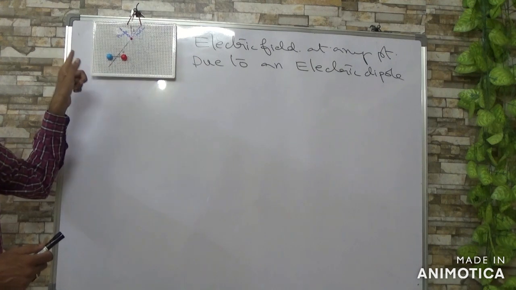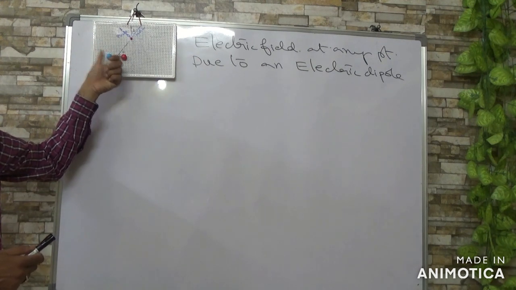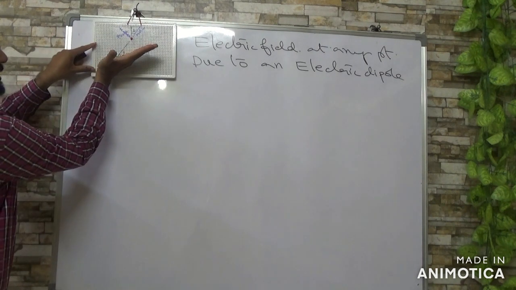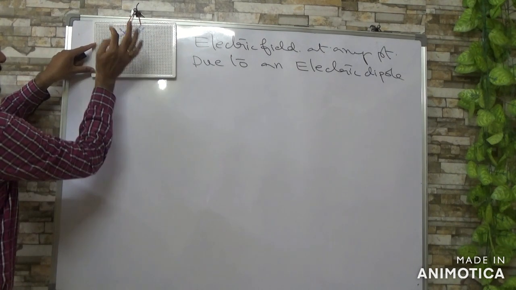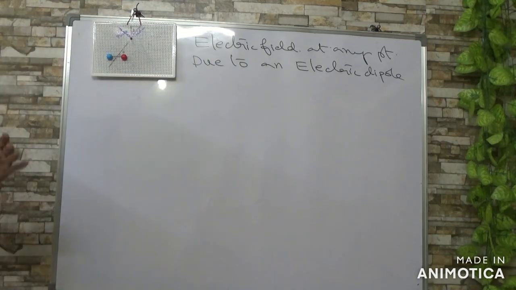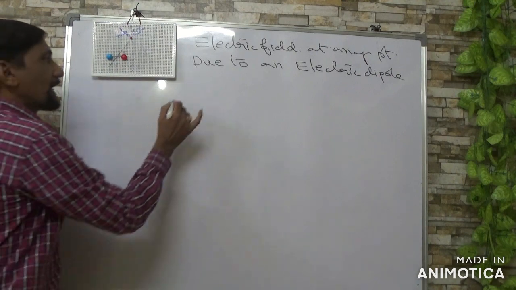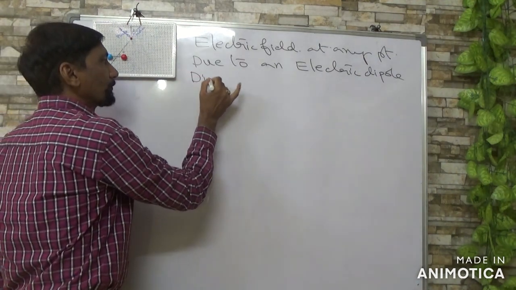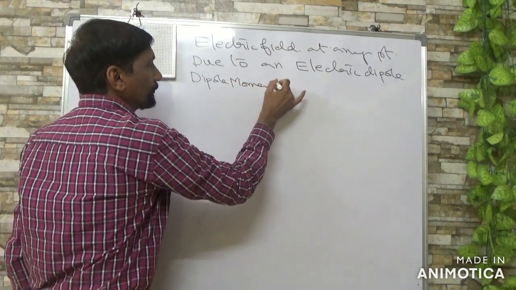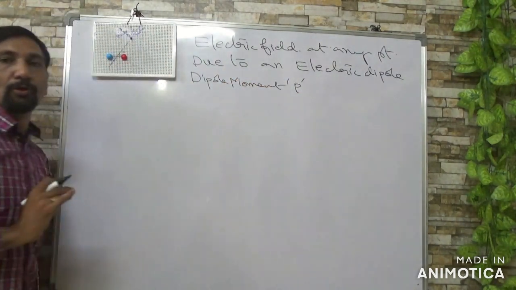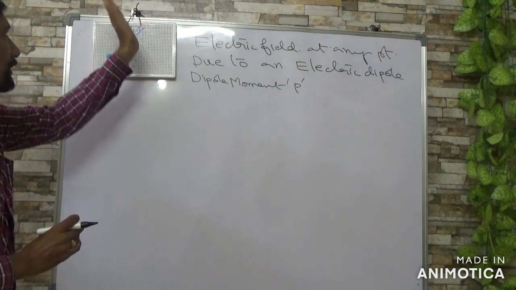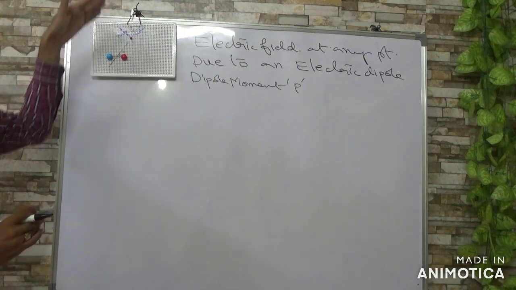The magnitude of each charge is Q. Now you are going to find the electric field strength at an angle theta. Then this dipole moment P is resolved into two components, horizontal and vertical.